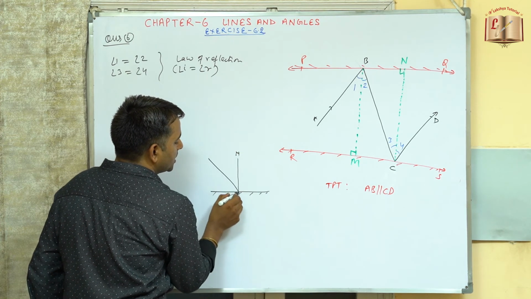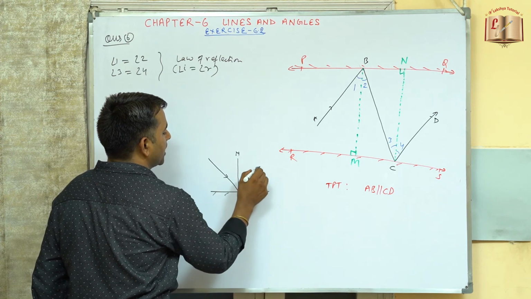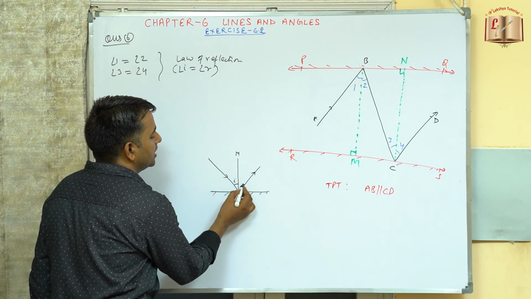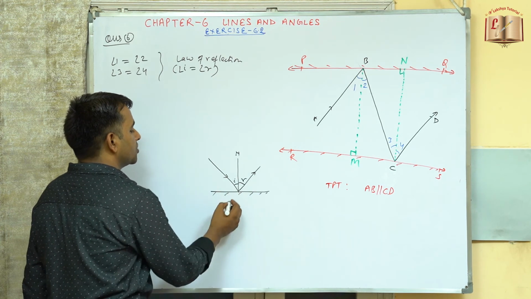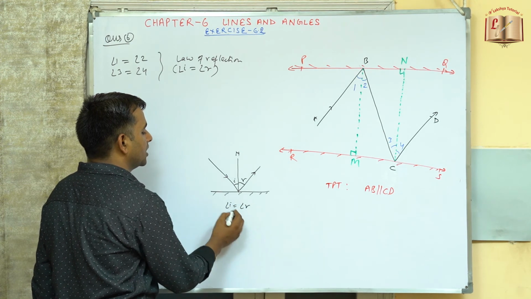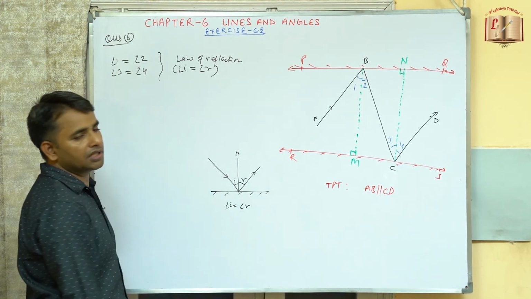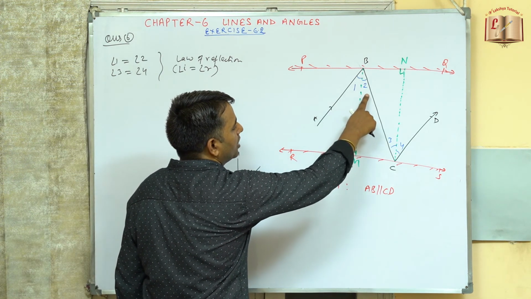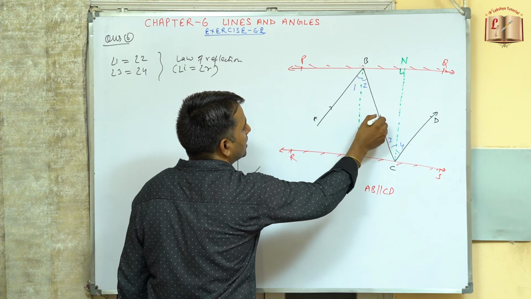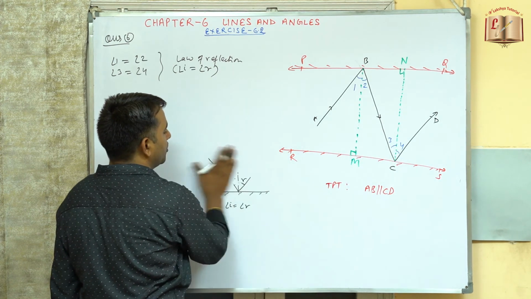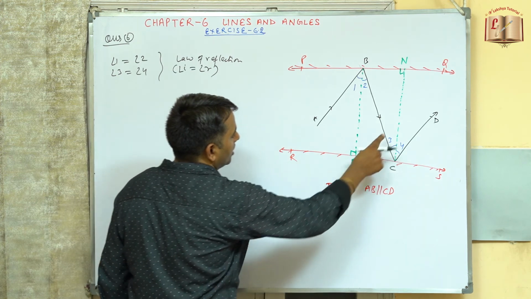If this line is coming as incident and it is reflecting back along this path, this angle is the incident angle and this is the angle of reflection. So in this case we say that angle of incidence is equal to angle of reflection. This is only the law of reflection. So similarly, angle 1 is equal to angle 2 because these are the angle of incidence and angle of reflection. Similarly, angle 3 and 4 are equal because these are also the angle of incidence and angle of reflection.